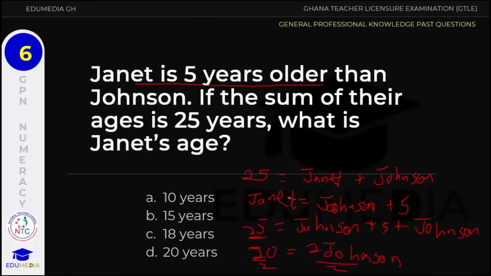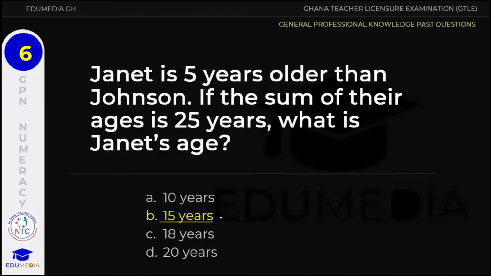And if Johnson is 10, Janet is going to be 10 plus this 5, and we have 15 as Janet's age. So the correct answer is B, 15 years. That's Janet's age.